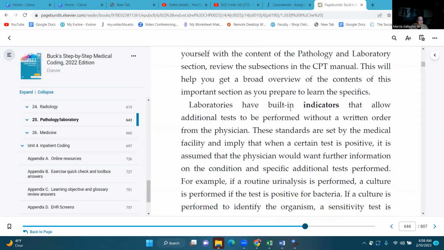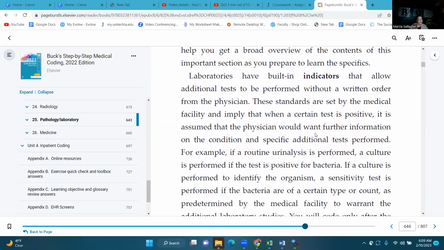So laboratories have built-in indicators that allow additional tests to be performed without a written order from the physician. These standards are set by the medical facility and imply that when a certain test is positive, it is assumed that the physician would want further information on the condition and specific additional tests performed.